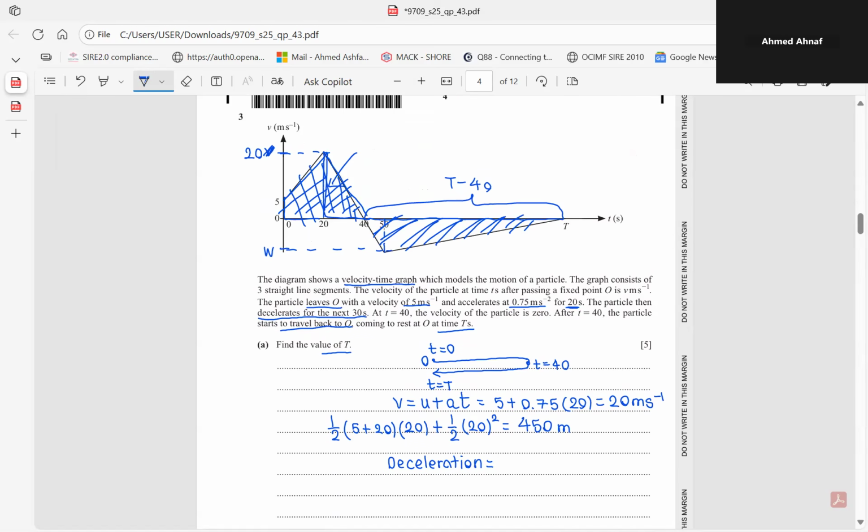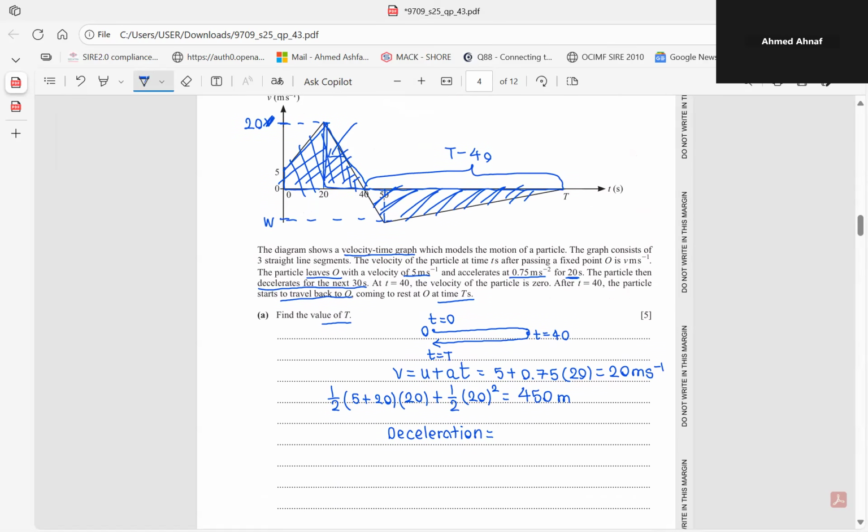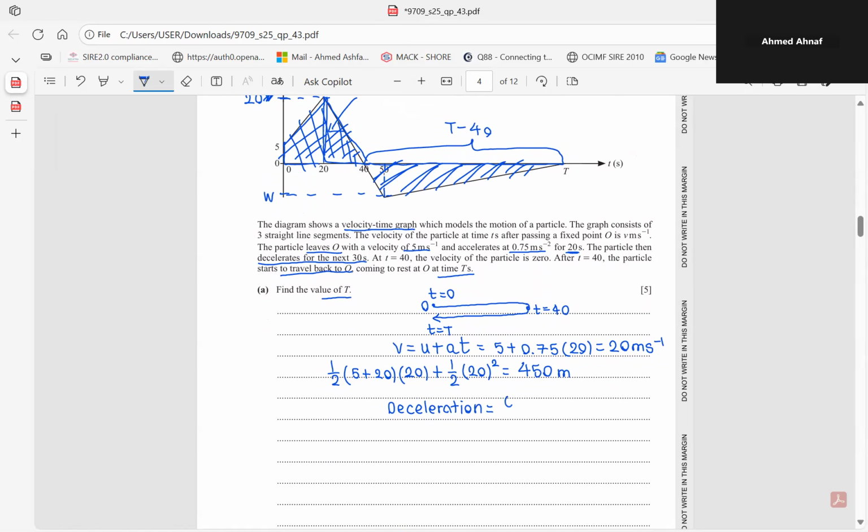So it is (v minus u) over t, where v is the final velocity minus the initial, divided by t. So 0 minus 20 over the 20 seconds is going to give you minus 1 meters per second squared.